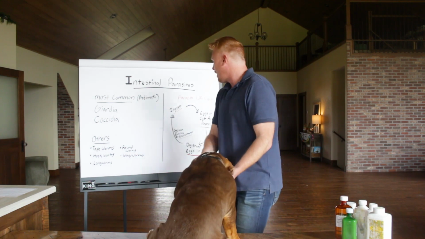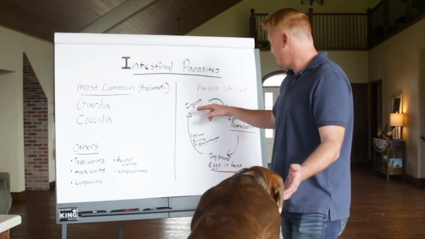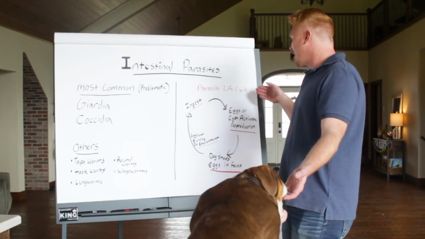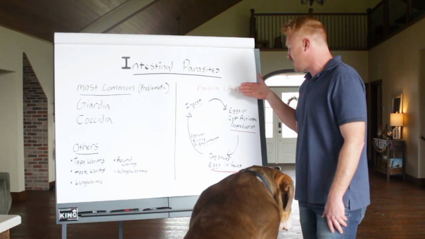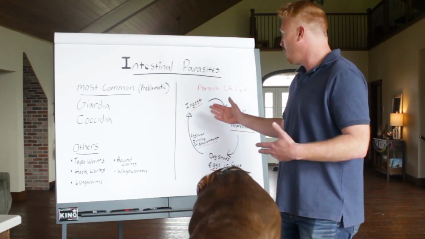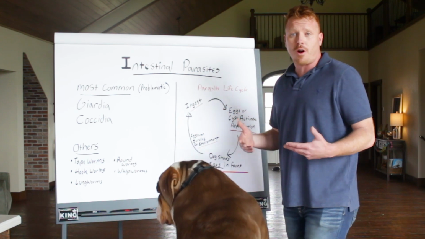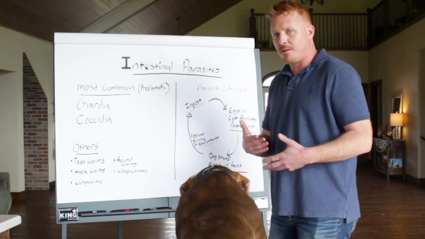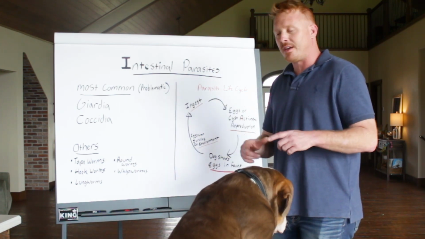What happens then along this life cycle is that either the eggs or the cysts are then activated. So when they're in the environment, the reason they're so hardy is they are actually dormant. They have the ability to become dormant.